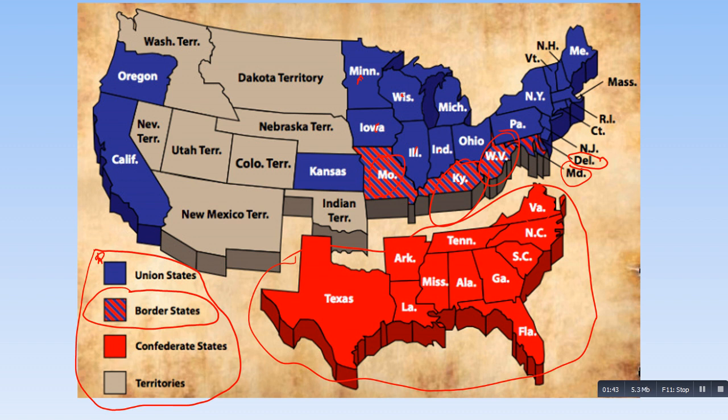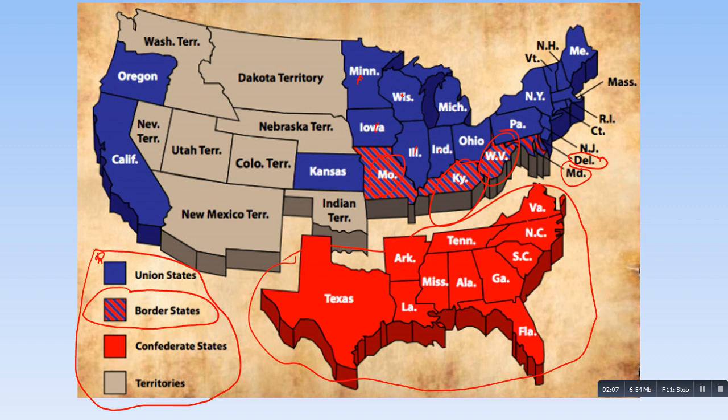A lot of it had to do with economic interests of the state, but at any rate, these states were slave-holding states that fought for the Union, and they're called border states. That becomes particularly significant when Lincoln eventually issues the Emancipation Proclamation, which frees slaves in Confederate-held territory. But we will get to that a bit later.